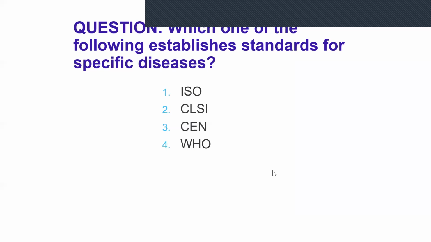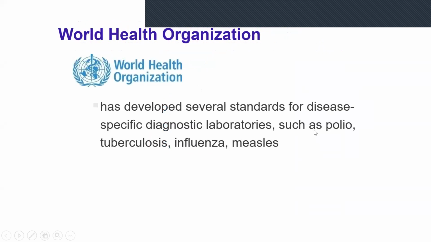So WHO, that's exactly the correct answer. So the WHO is the one that develops several standards for disease-specific diagnostics laboratories. And they do it for the areas where they have programs. Obviously, they have programs on polio and tuberculosis, on influenza, on measles.